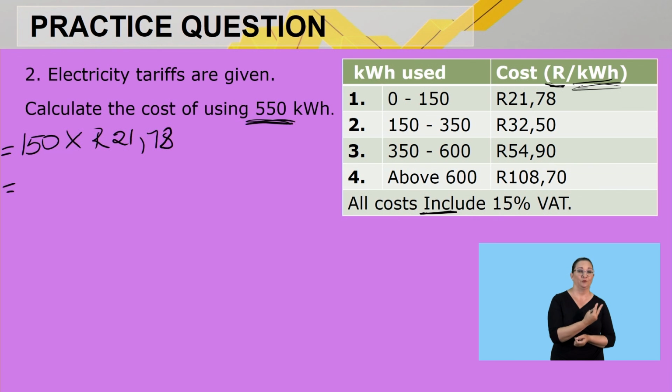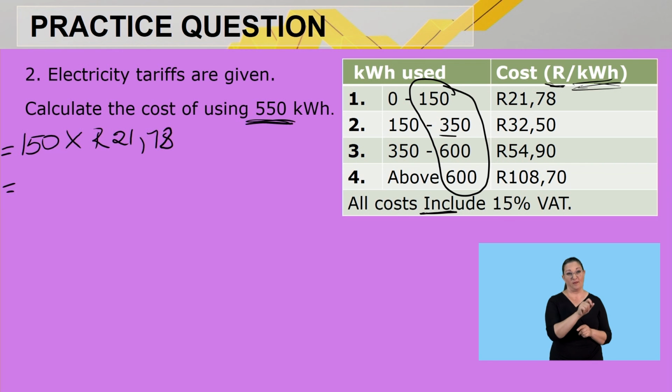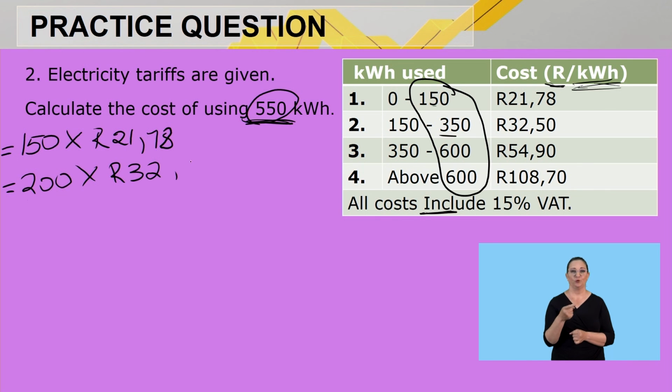In block number 2, looking at the values on our right, 350 minus 150 gives you 200. So when you say 150 plus 200, it gives us 350. It means we have not yet reached what we are looking for. So we continue. Then we multiply by the given cost on block number 2, which is 32 Rand 50.